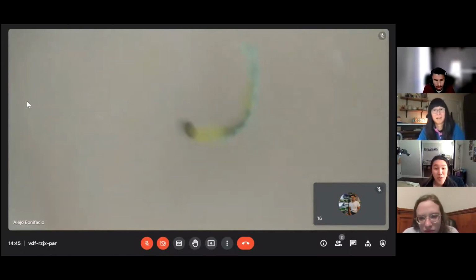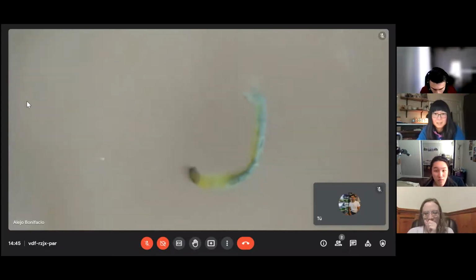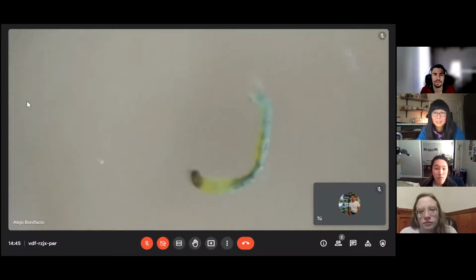But there is another kind of chironomid that is more green. They look so similar because it depends on the stage.